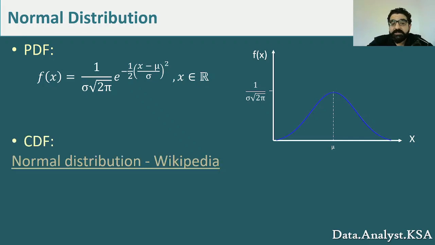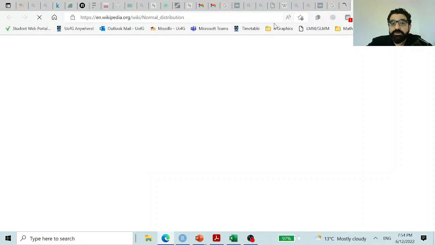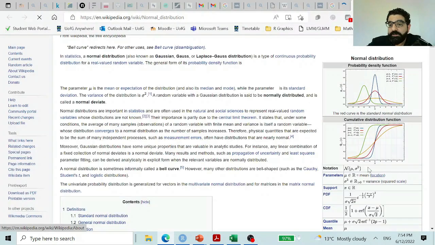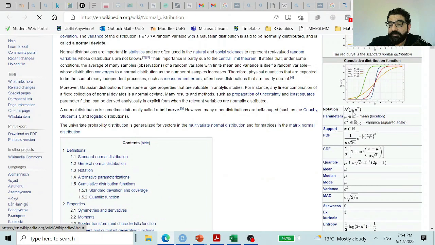And I'm not going to show the CDF because it includes the error function of it, but I want to show you, every time I will show you the page of Wikipedia gives a very good summary of what is a distribution. So you can see over here, it talks about the normal distribution. It will show you the parameters, how is it parameterized, mu and sigma squared, or mu and sigma, and the PDF, the probability density, and the CDF, the cumulative distribution function, which will look like this one.